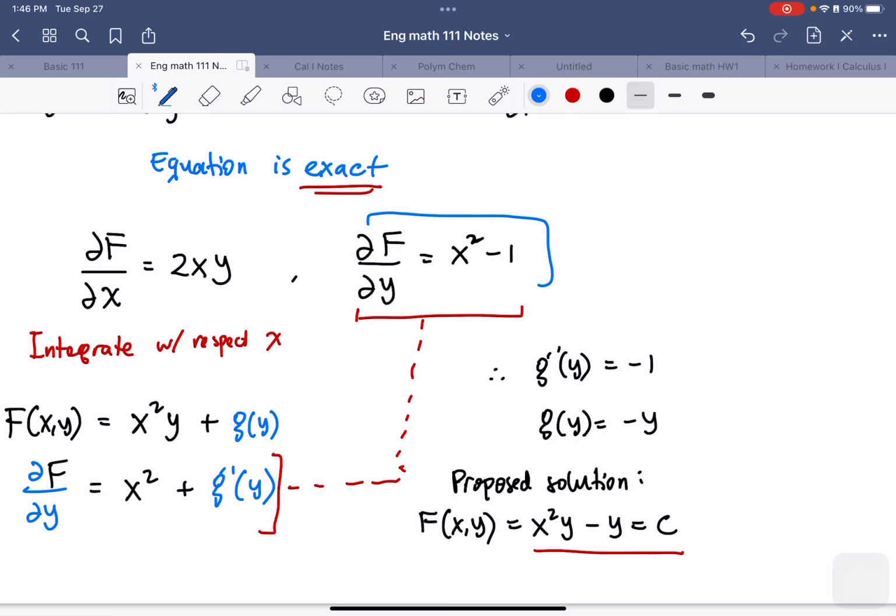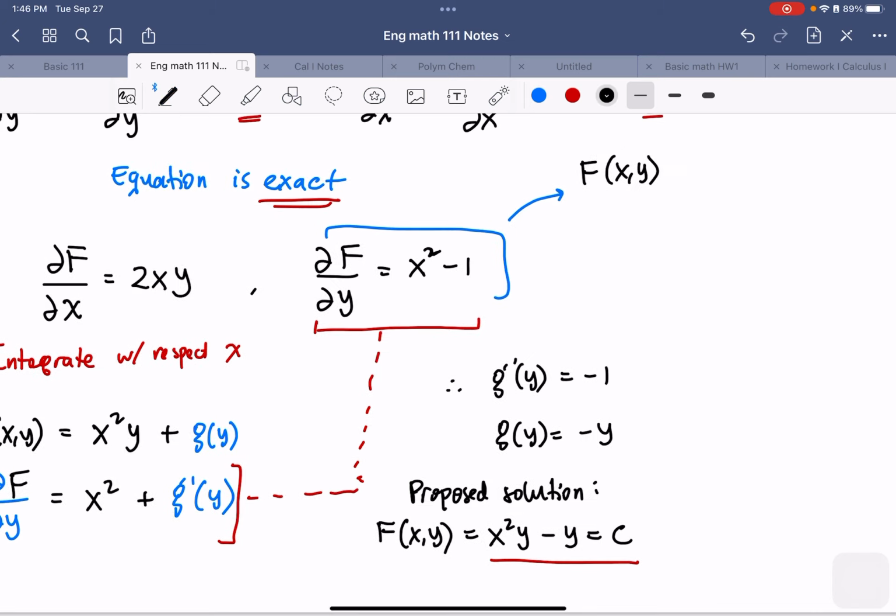So if you would like to try, we could also try that this will be x squared y minus y plus h of x.